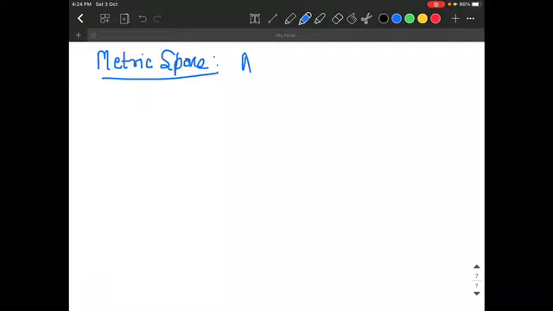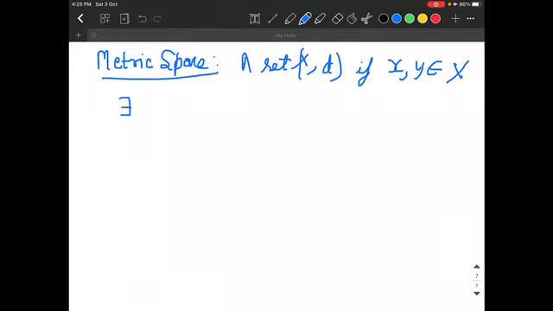A set X along with a distance function d is said to be a metric space if for every x and y belonging to X, there exists d(x, y) which is a real number, and it satisfies three conditions.